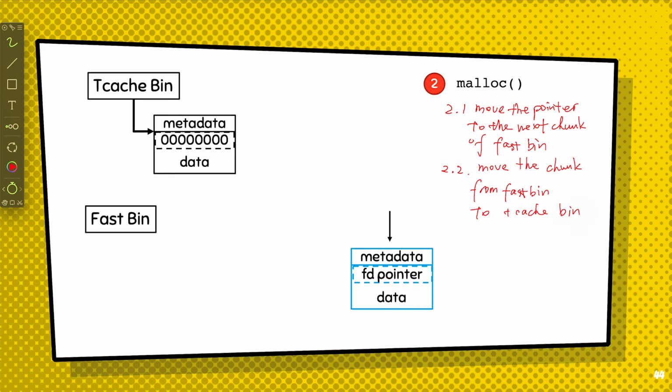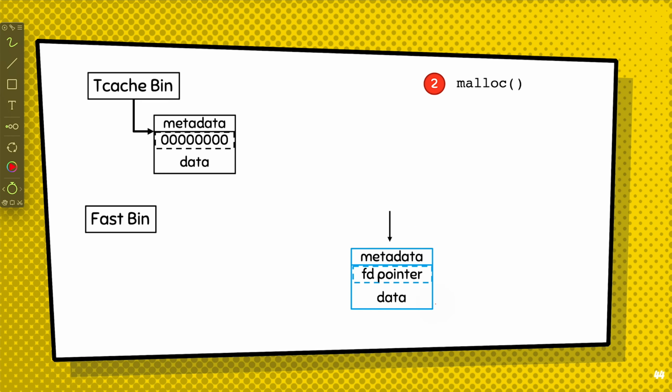And then similarly, we're going to repeat this process for the blue chunk. So first, we're going to move the cursor to the next. You might think that there is no more chunk over here, but when glibc looks at this blue chunk, let's go back to the previous one.